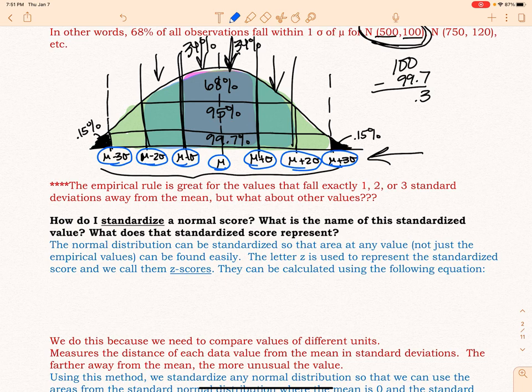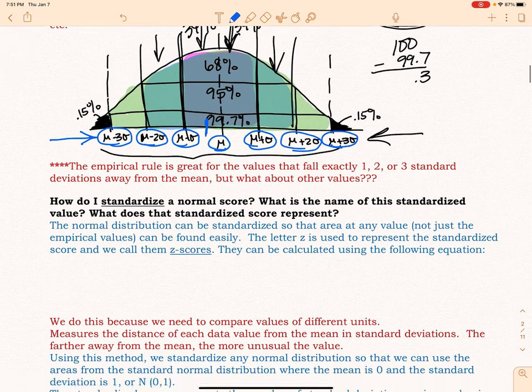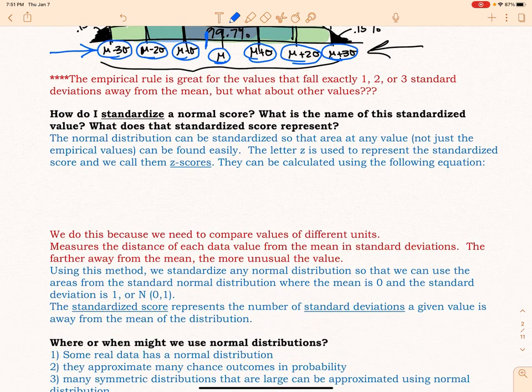The empirical rule works great for those 7 values. Anything outside of that, maybe something falls right here, just to the left of the mean, but not quite 1 standard deviation. Well, where is it? I need to know that.